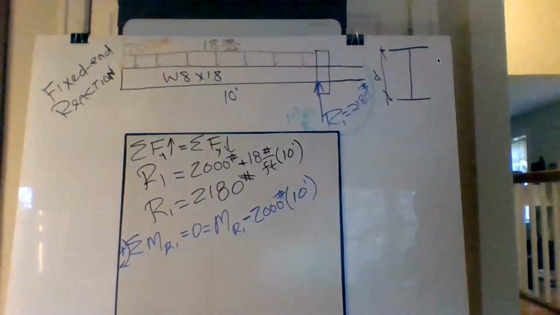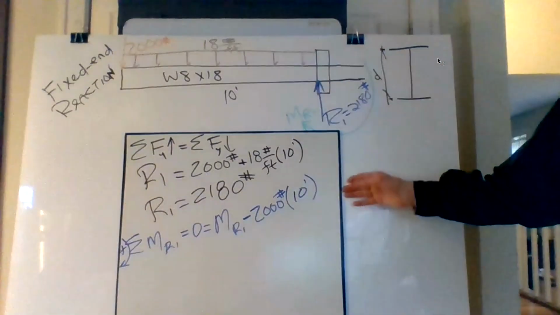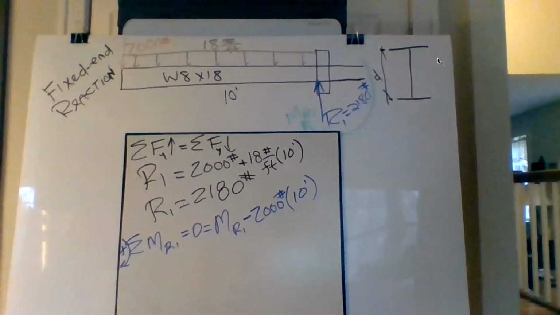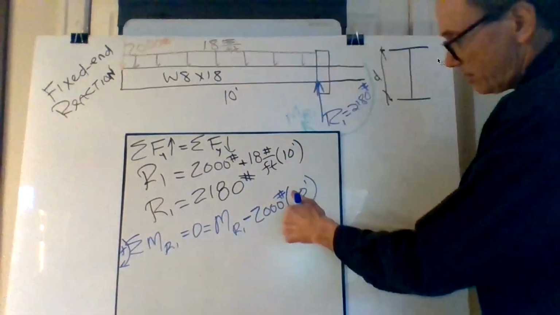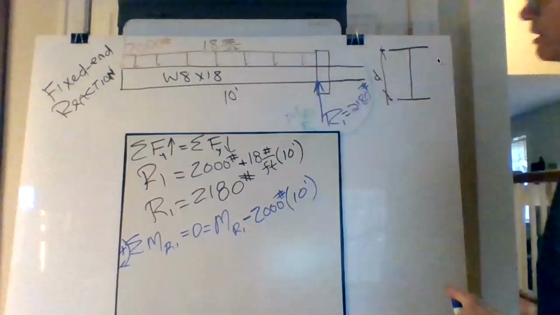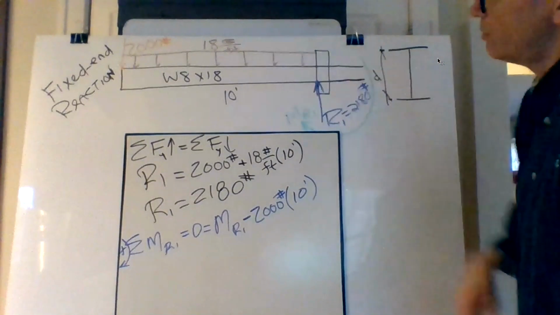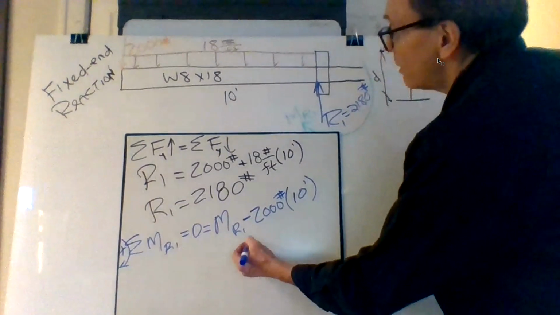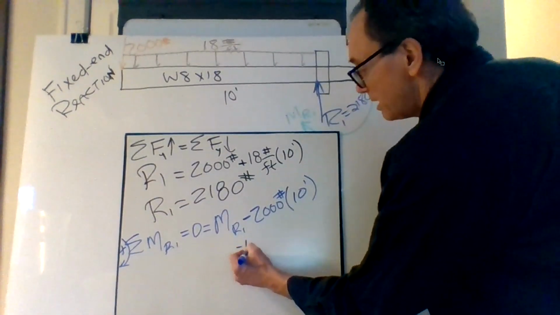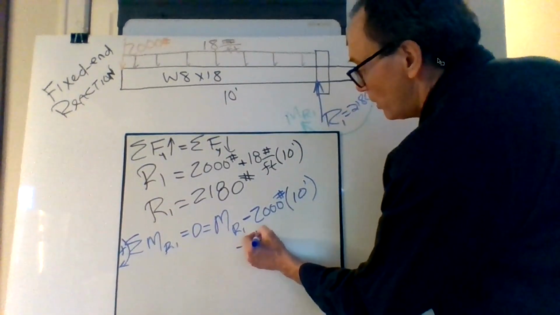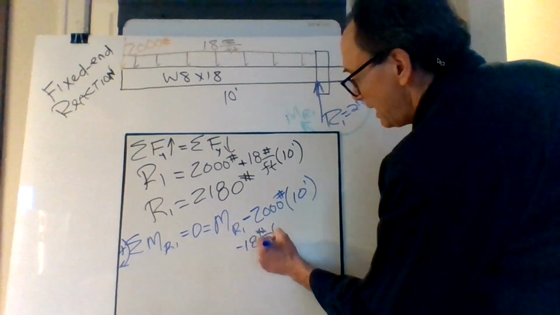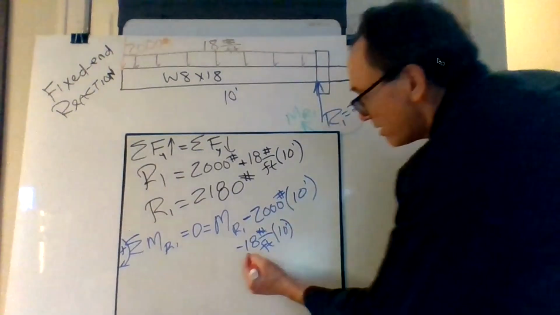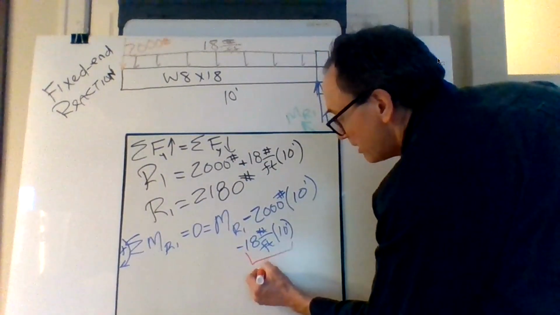Now I don't have enough room to go this way because I'm going to take this off up here on the diagram. So right below here, it's as if this equation is just continuing underneath. But I got this linear load. So what do I got to do with that? So I got to say minus 18 pounds per foot. It acts over 10 feet. So right there, that's the ECL.